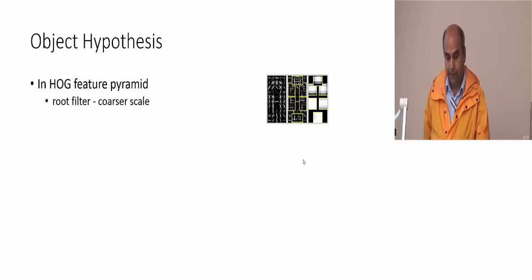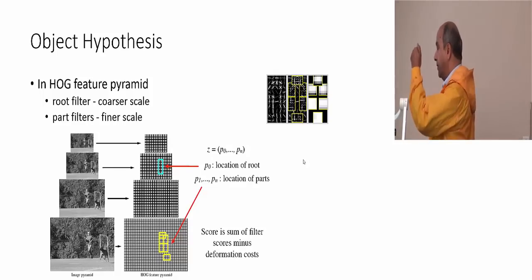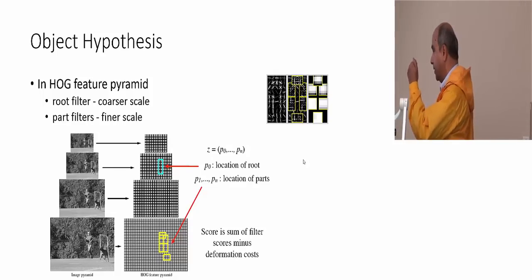You have done that, and we will do the root filter at the coarse scale and part filters at the finer scale. This shows you the image at different levels, the pyramid, and then this is the HOG pyramid.